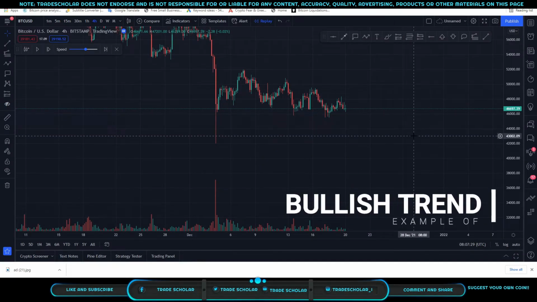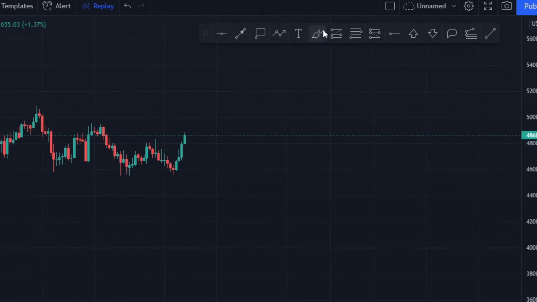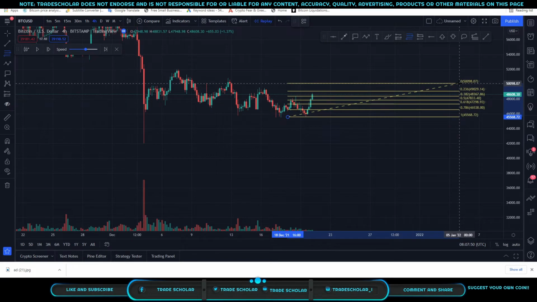Example for bullish trend, Fibonacci retracement to the upside. Okay, we see the swing low. So we open a swing low, and then we will wait for the swing high.